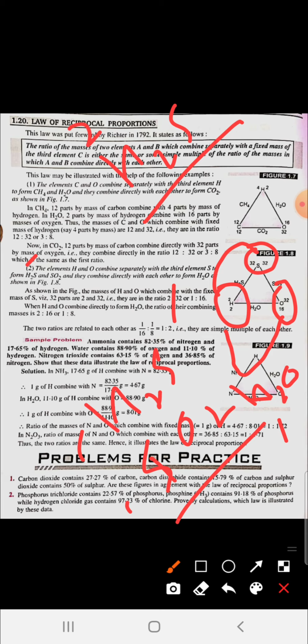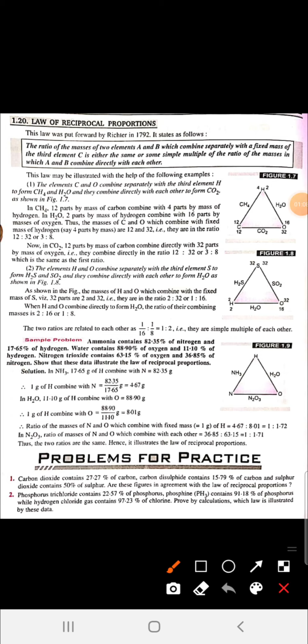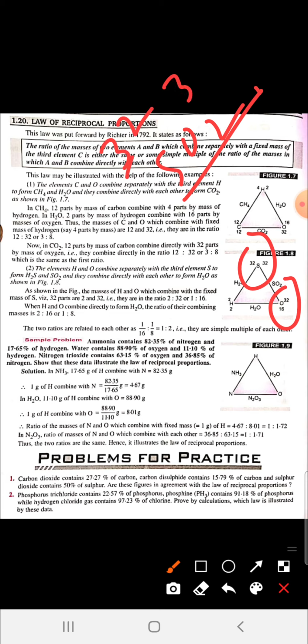So hydrogen has mass 2 and sulfur has mass 32, and on the second side you can see oxygen and sulfur form SO2, where sulfur has 32 parts and oxygen also has 32 parts.